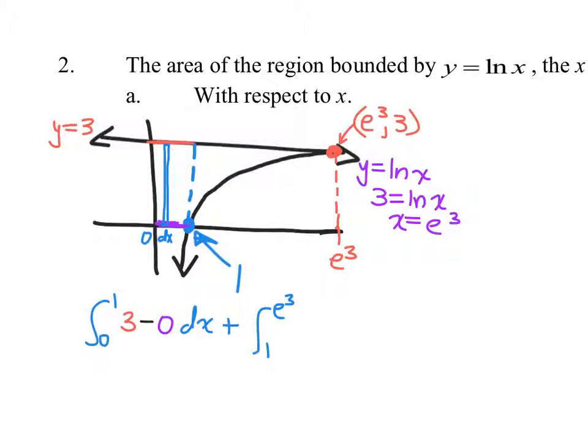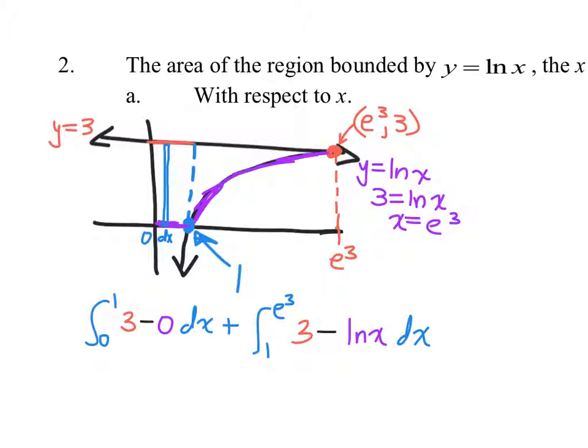I'm going to add the difference between 3 and the non-dominant function y equals the ln of x. So ln of x dx. All right, so that's one approach. That would get us the answer.